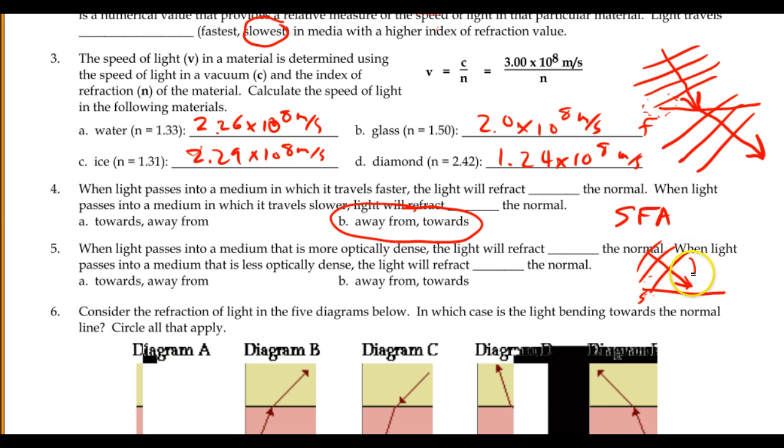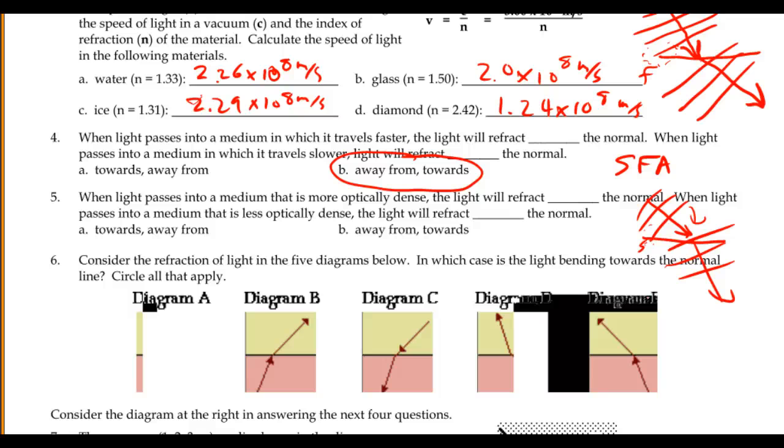That's going to mean this side is going to actually speed up, causing the wave to tilt something like this, which is toward the normal. So in terms of optical density, when you go into a medium that's more optically dense, you're going to slow down, so you're going to move towards the normal. And then when you move into a material that's less optically dense, you're going to speed up, so you're going to go away from the normal. So that would be answer A. So slower to faster, away from the normal, faster to slower, we're going to move toward the normal.